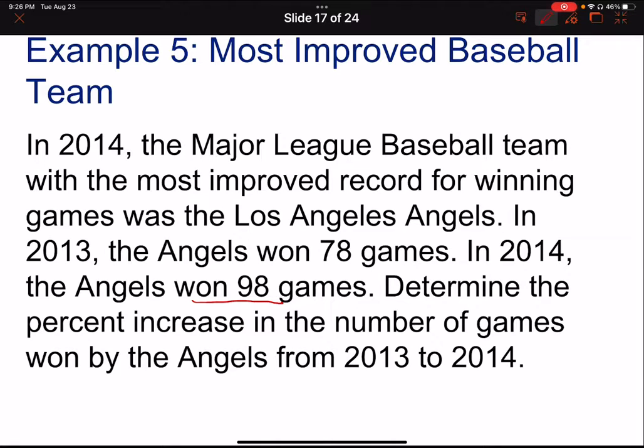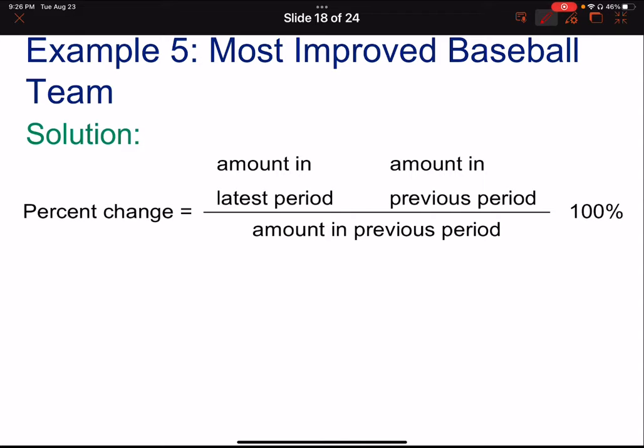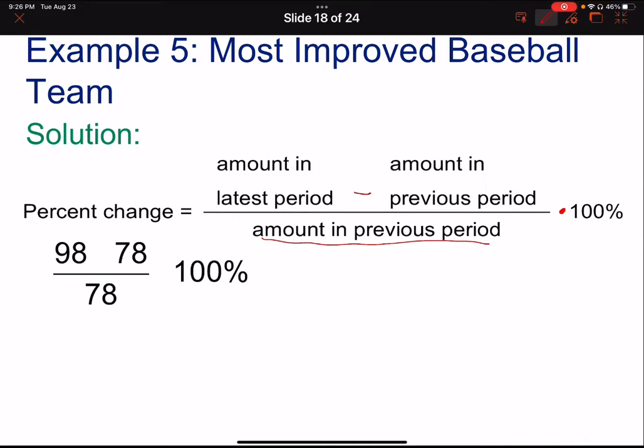So, this should be straightforward. The percent change equals the amount in the later period minus the amount in the previous period, divided by the amount in the previous period, then convert that to a percent sign, right? So we have 98 for 2014 and 78 for 2013, take the difference divided by 78 and then convert it to percent.